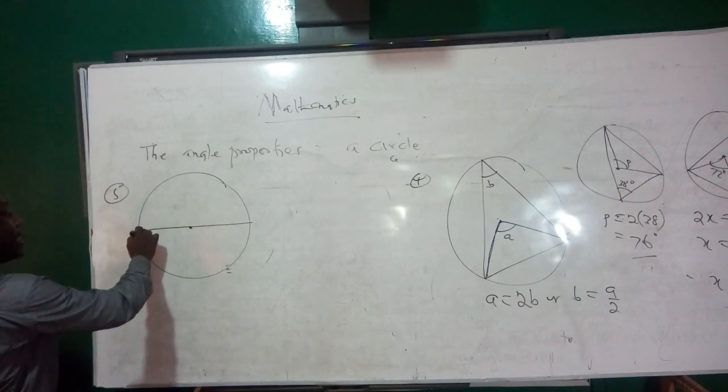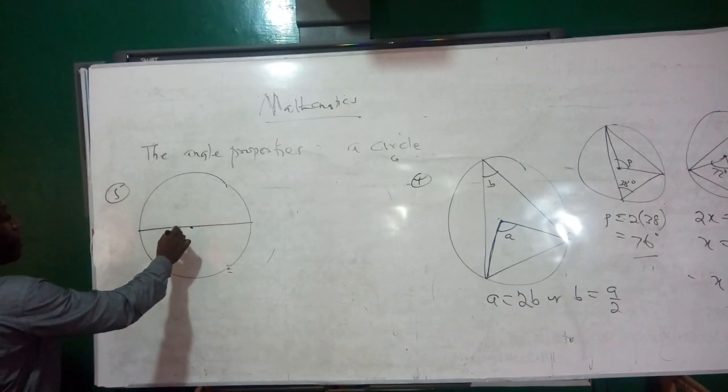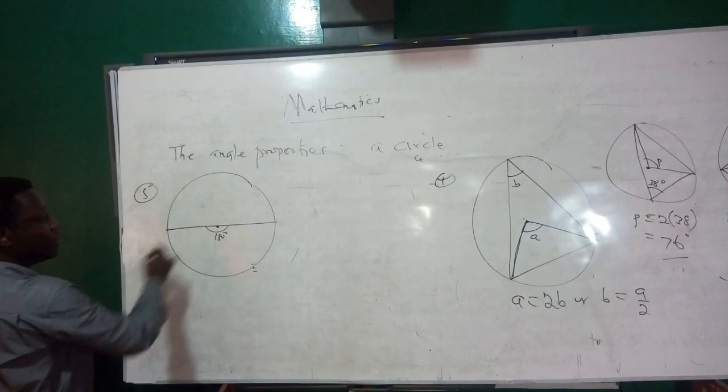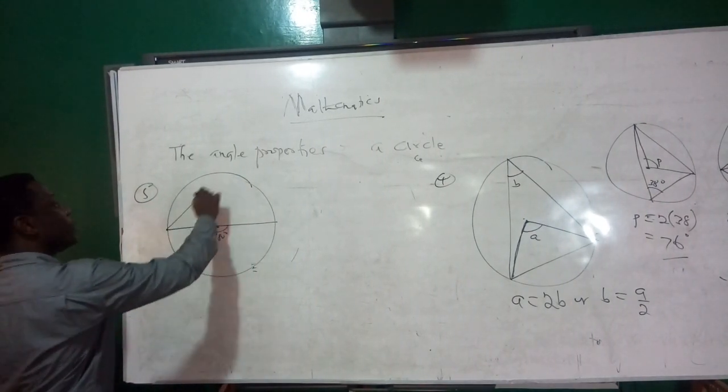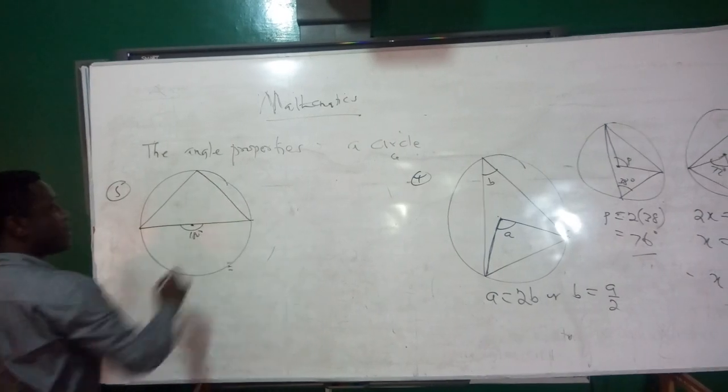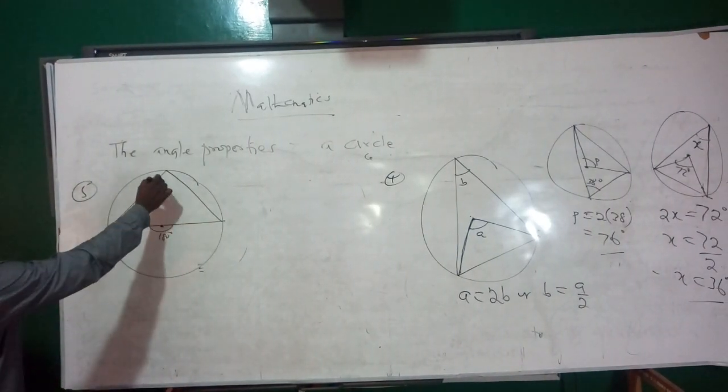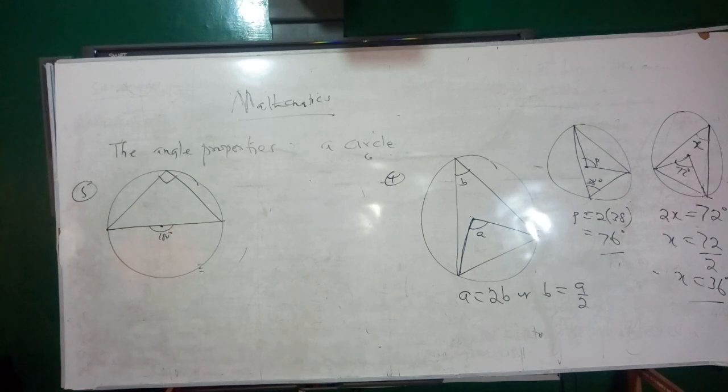Then, of course, we know that the angle formed here will be 180 degrees. And so straight away, the angle here will naturally be 90 degrees. And so the property goes this way: the angle a diameter of a circle subtends at the circumference of a circle.